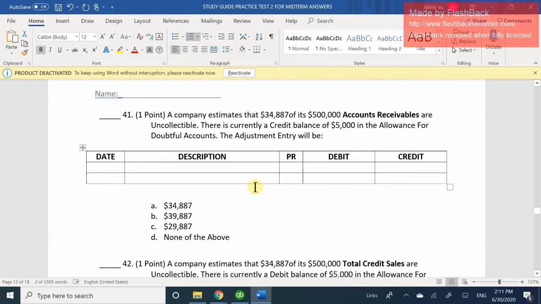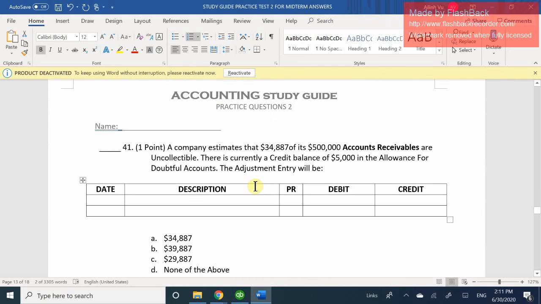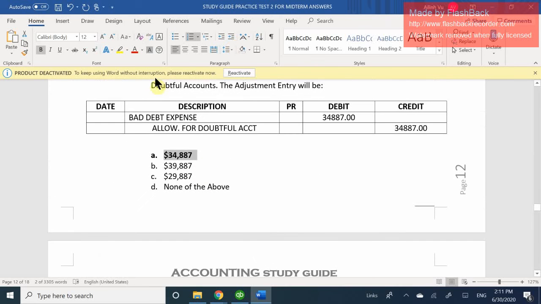Good. All right, so another one goes, a company estimates that 34,887 of its 500,000 accounts receivable is uncollectible. There is currently a credit balance of $5,000 in the allowance for doubtful accounts. The adjustment entry will be bad debt expense and allowance.